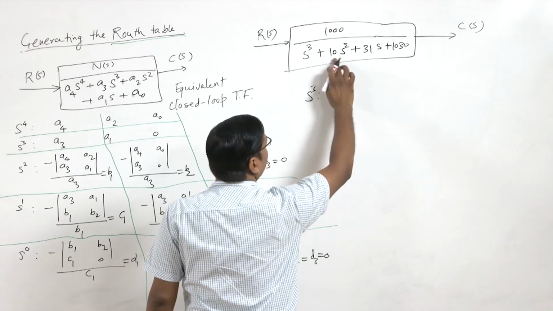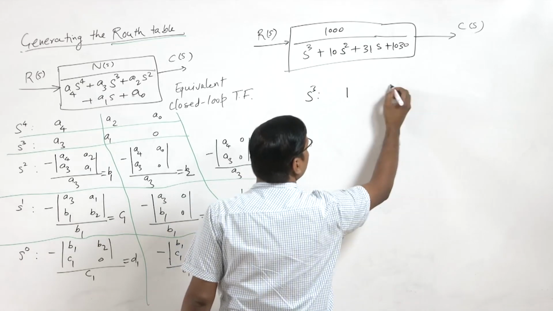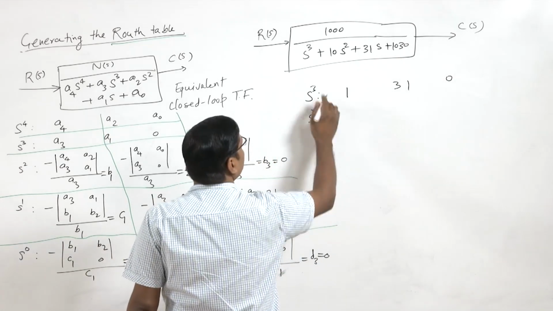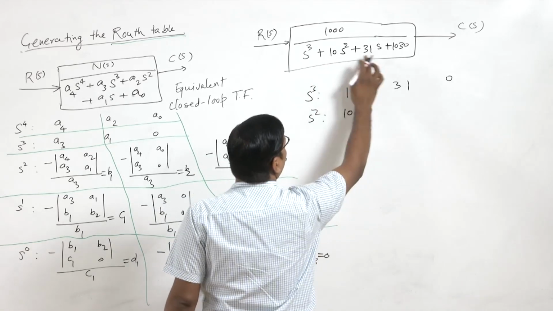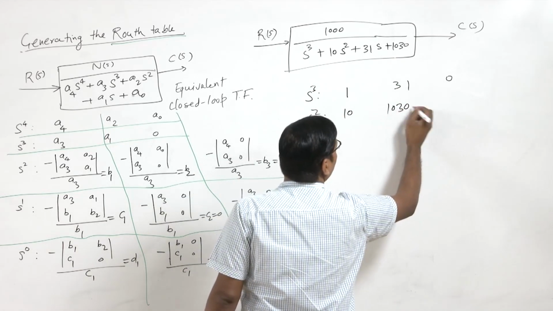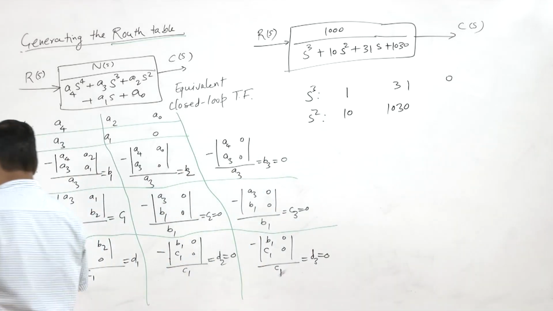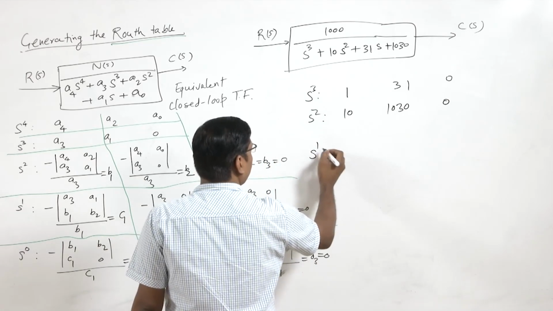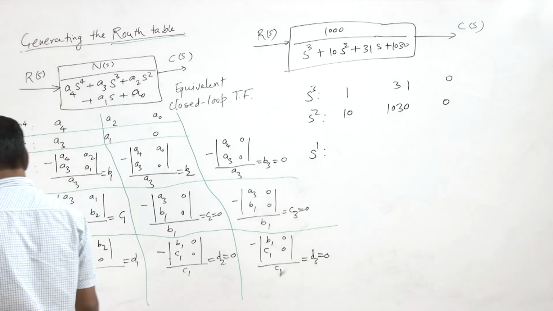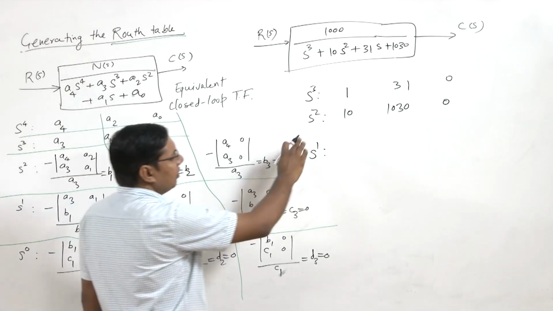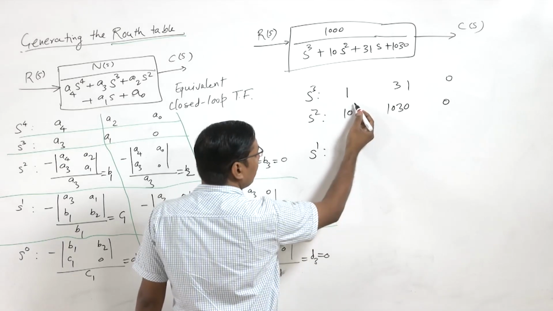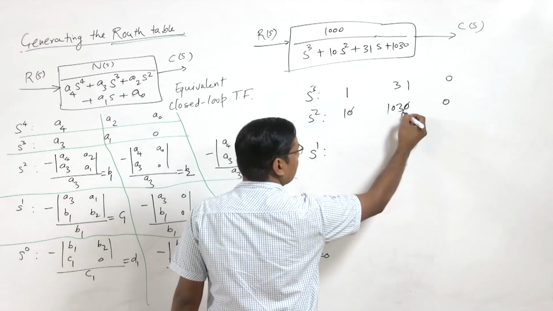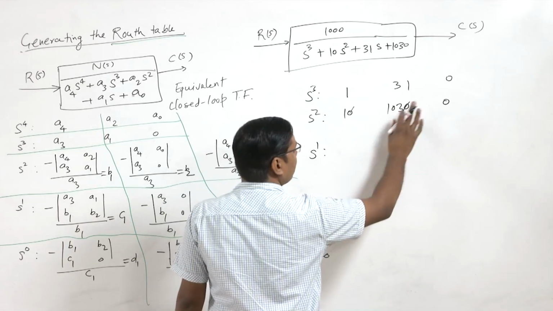Then we skip this 31 and then we have 0. Then for s square we have 10, then we have 1 0 3 0 and then 0. Now we generate for S1. In this row we can cancel out a common element if there is one, so we can write 1 and 103.